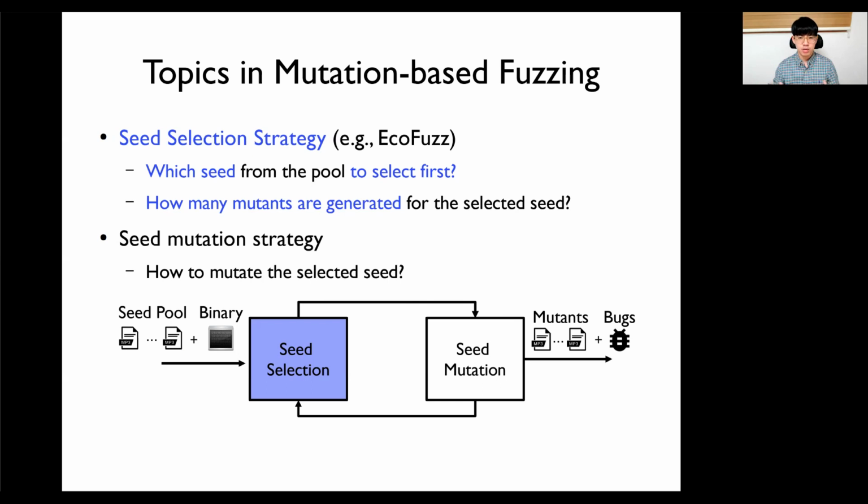And second, this strategy also decides the number of mutants generated from the selected seed, which is also known as the power scheduling problem.